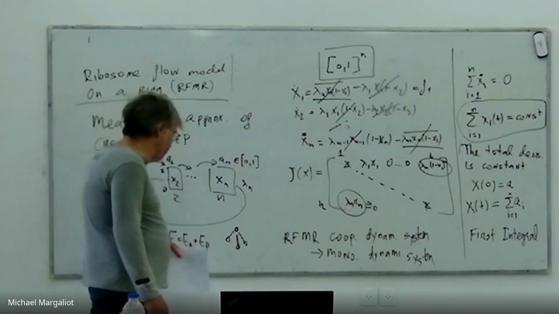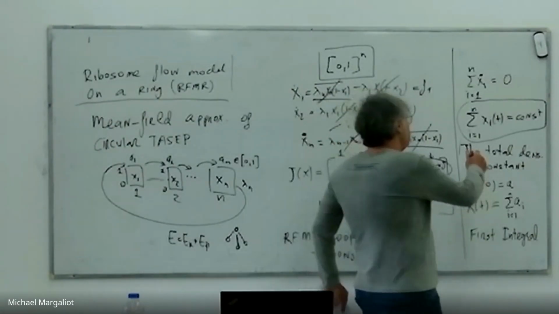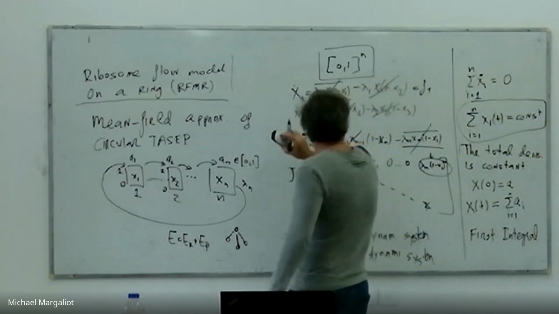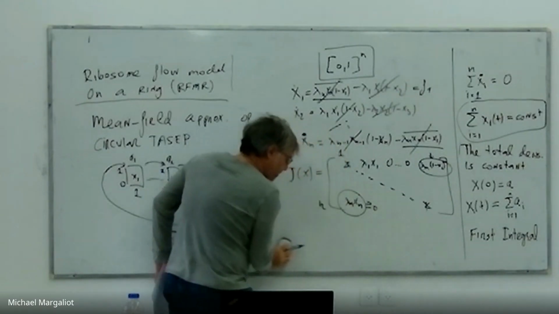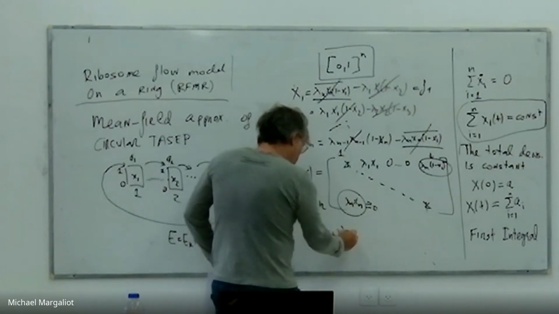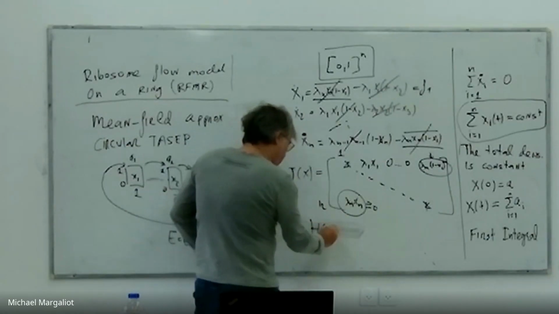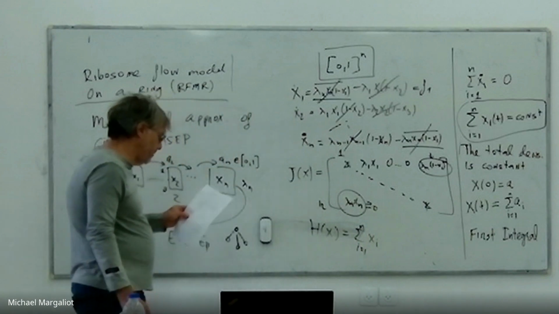Some people call this the first integral of the motion. So in this case, if you like to write it explicitly, the first integral of the motion is H(x), the sum of x_i.